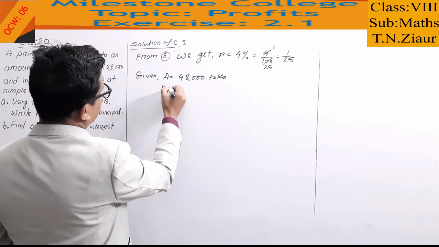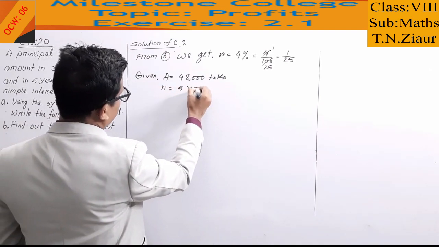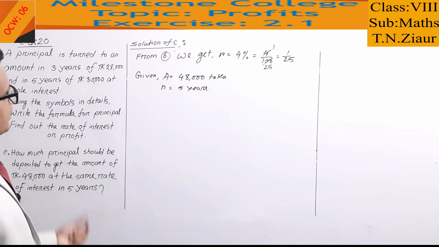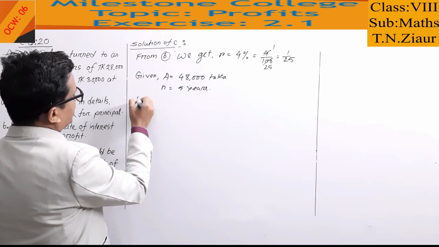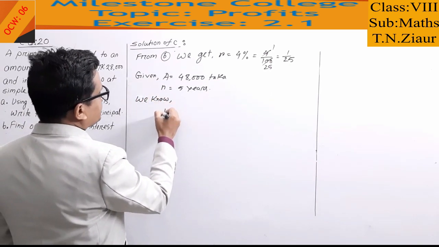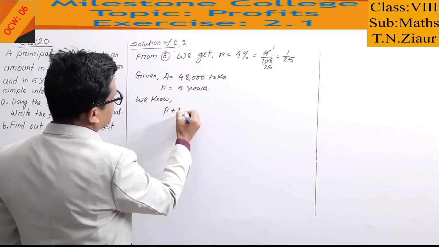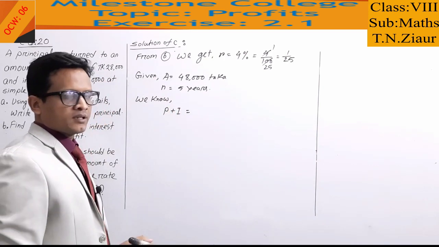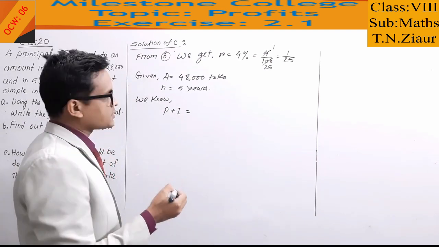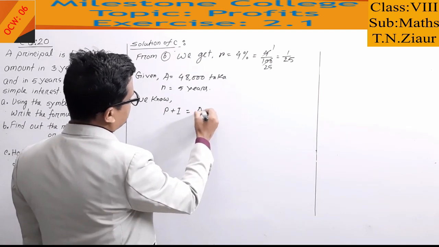N is equal to 5 years. Now we know the formula: P plus I is equal to A, because amount is equal to principal plus interest.